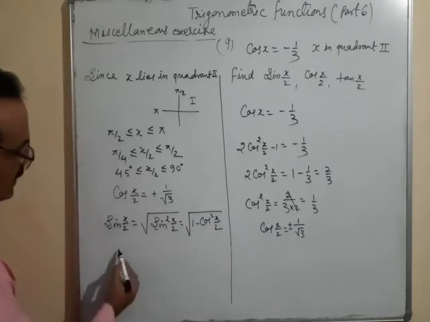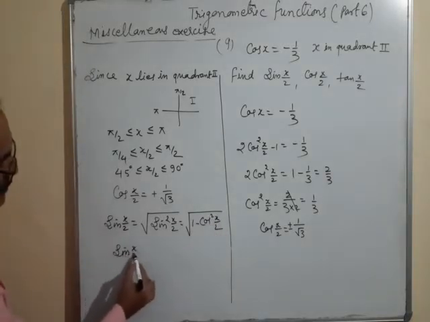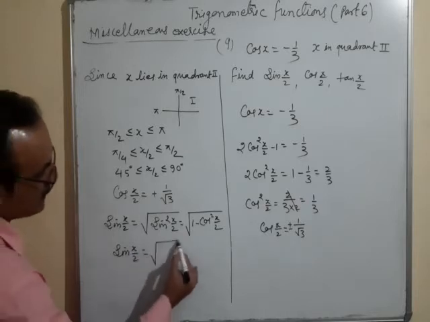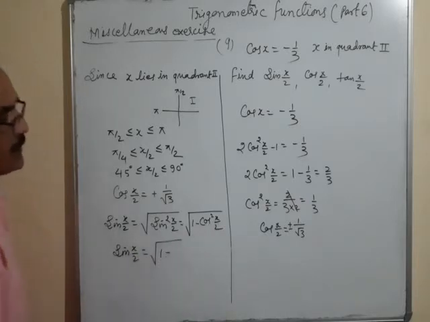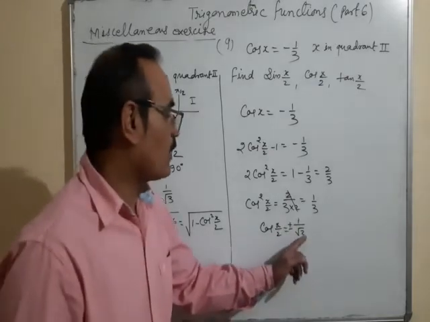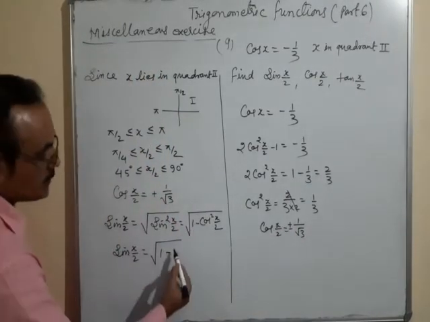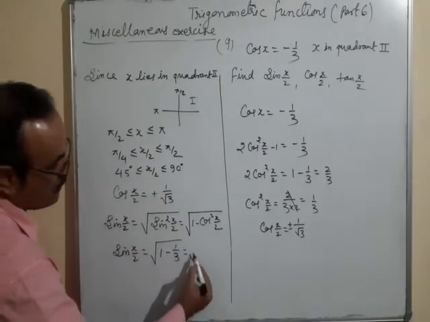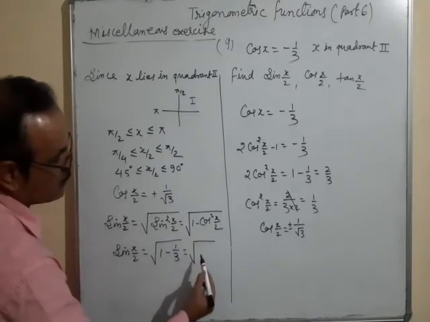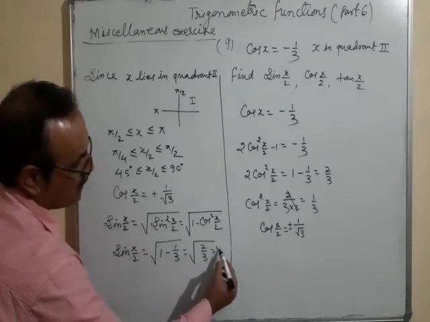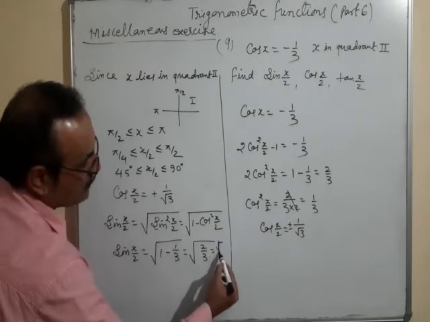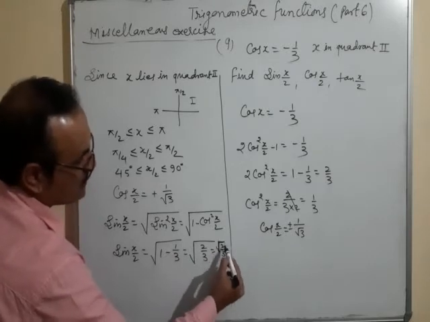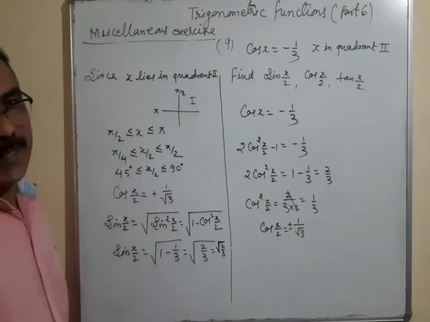So sin x by 2 is equal to under root 1 minus cos square x by 2. Cos x by 2 is 1 upon root 3, so 1 upon root 3 square is 1 upon 3. 1 minus 1 by 3 is 2 by 3. So under root 2 upon 3, this is the value of sin x by 2.